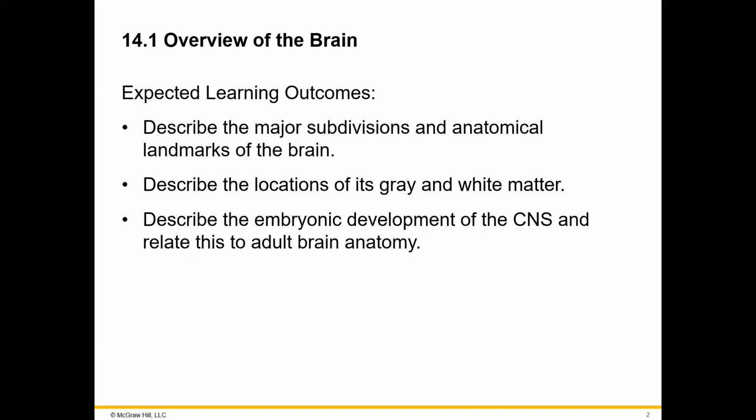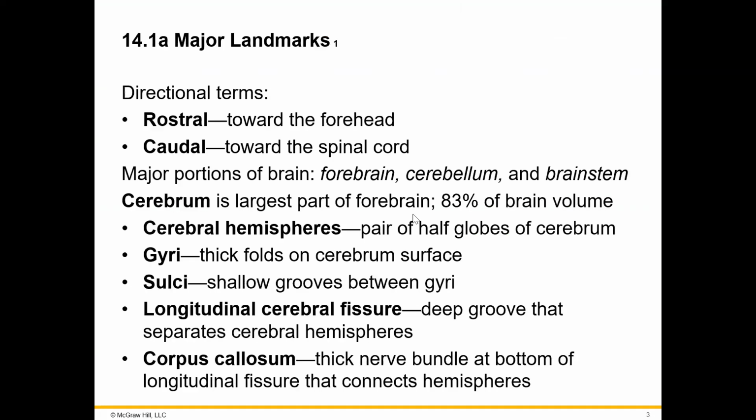So the brain, in order to understand it properly, we have to align our directional terms, our laterality. What is rostral? Rostral means closer to the nose, closer to the forehead. And there's also caudal.